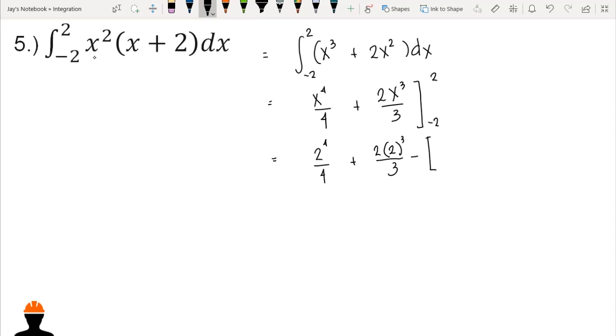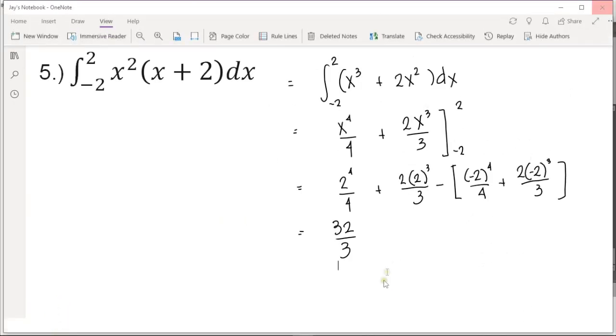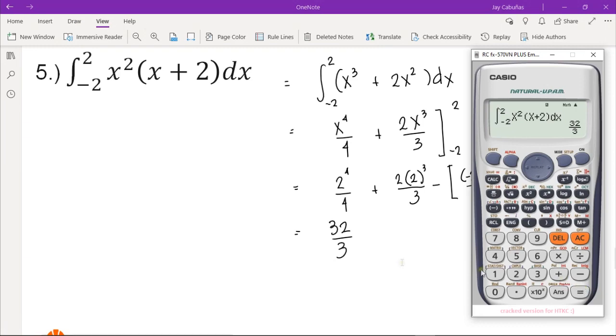That is, we have negative 2 raised to the 4 over 4 plus 2 times negative 2 raised to 3 over 3. Then we have answer equals to 32 over 3. So this is the definite integral. Let's try to check it using calculator. This gives us 32 over 3. So we have the same answer.